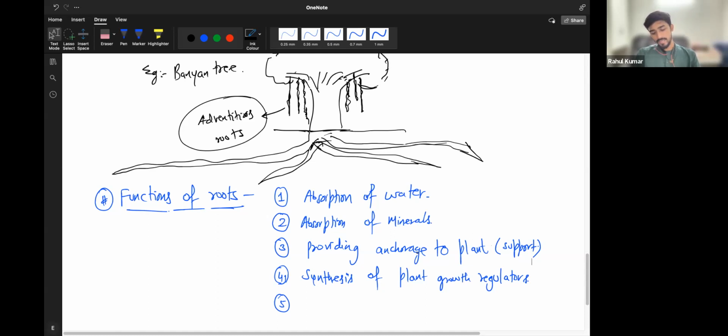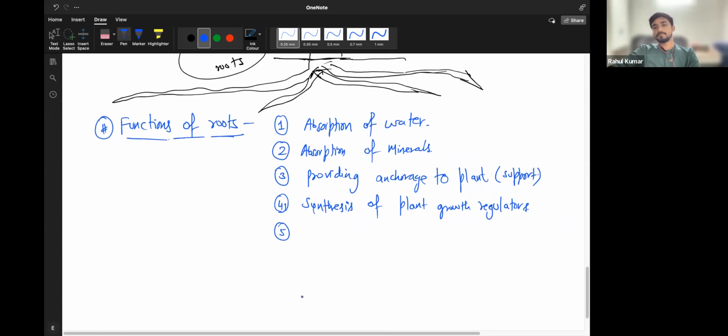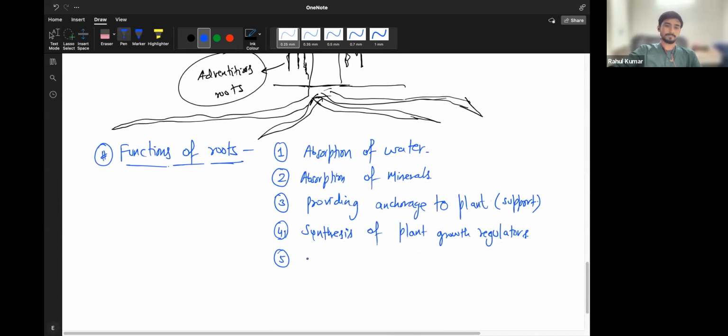How many of you like carrots and radish in your salads? Don't like carrot, radish, beetroot, sweet potato. What are all these things? They are modified roots. So what are they doing? What is their function? No one is going to speak. Okay.